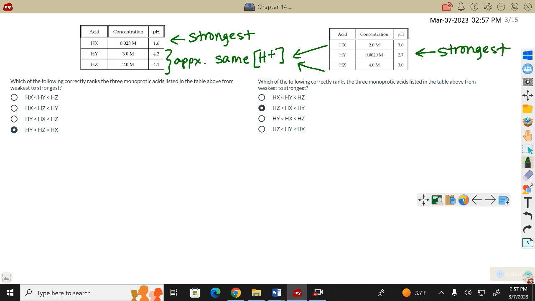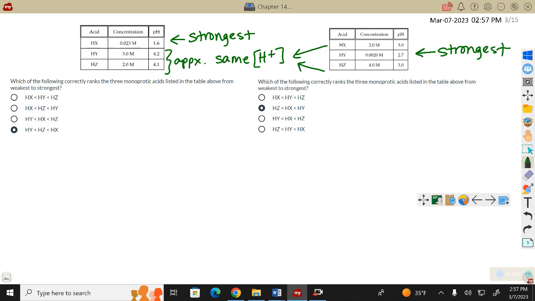So in the first example, I see the pHs are both approximately 4.2, 4.1, but yet HY had to have a higher concentration in order to produce about the same amount of hydrogen. So in the first example on the left, HY must have been the weakest acid.